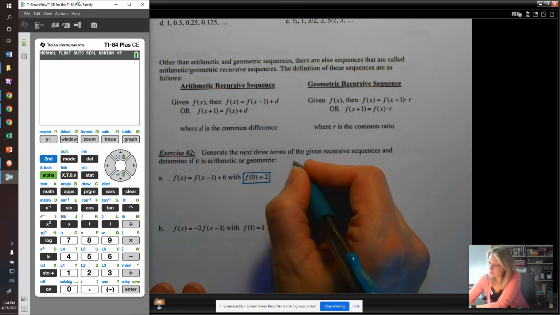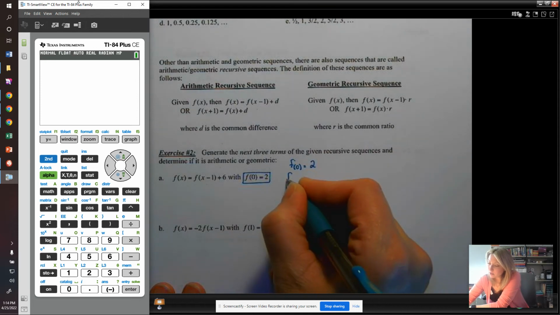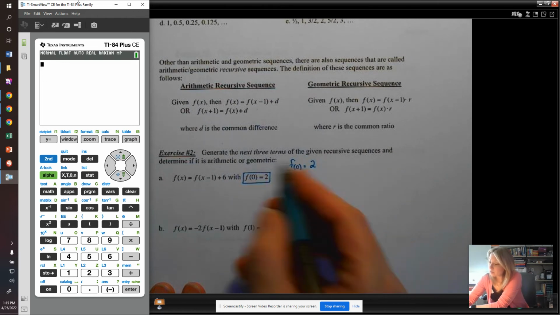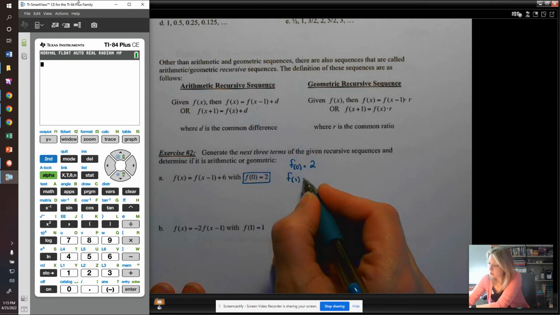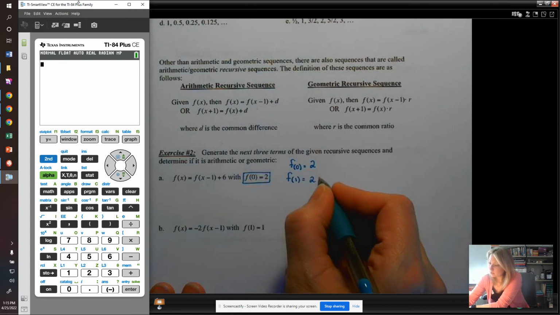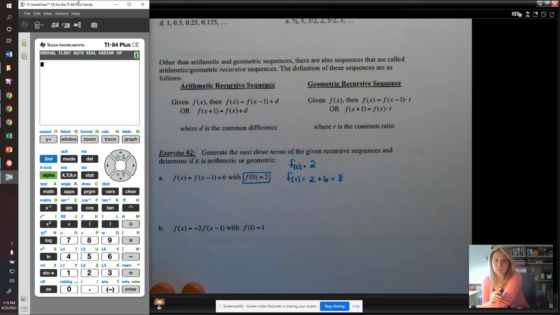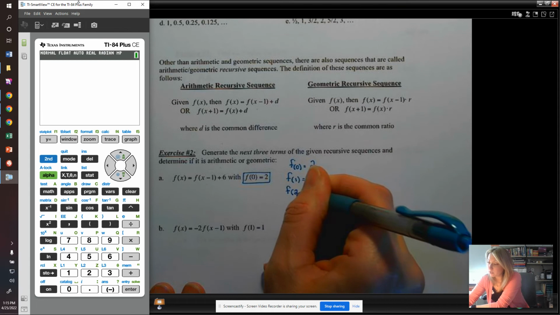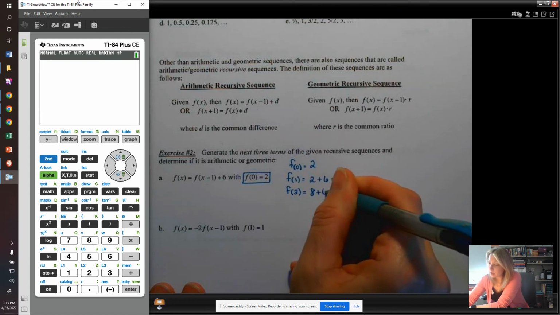Now, starting from there, to find the next term, what would be considered the first term in the sequence, I take the previous term, which was 2, and I add 6. Now I get 8. To find the second term, term 2 in the sequence, I take the previous term and add 6.